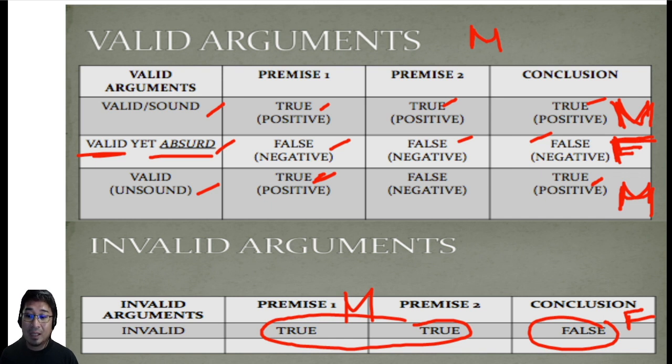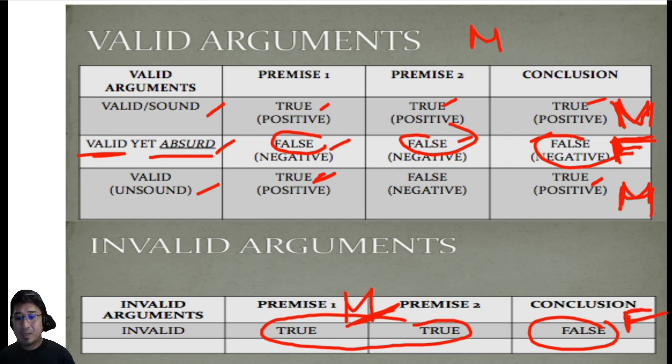Kaya siya valid pa rin. Pero kaya siya absurd kasi false, you cannot validate that in reality. Sa invalid argument, meron kang premises that can be validated materially. Totoo. Pero the conclusion, hindi mo na siya kayang i-validate materially sa objective reality. Kaya siya nagiging false. Right?